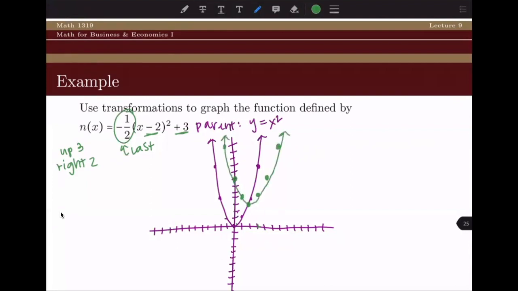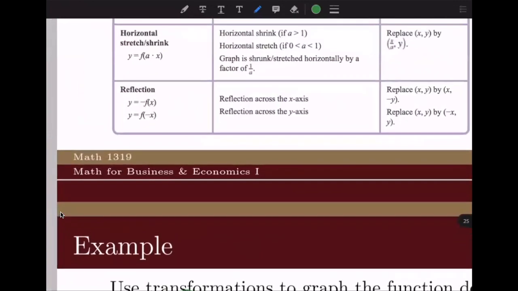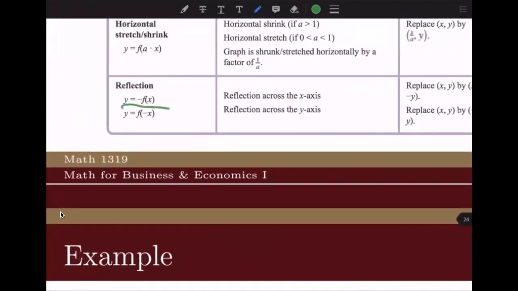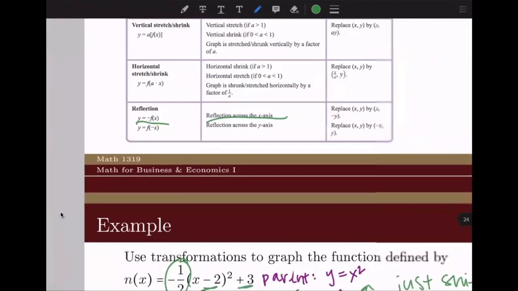All right, so now here's my parabola with just the shifts. So now we're going to worry about this -1/2. So if we scroll up a bit, we can see that a negative in front of the function means we're going to reflect across the x-axis, okay?